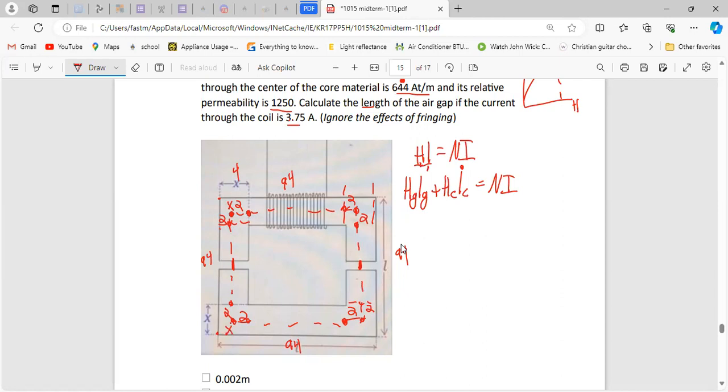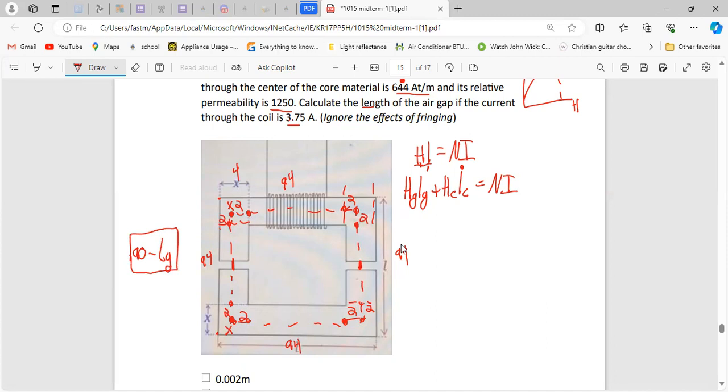So basically from here to here is 90, after subtracting the 2 from the ends. And then you have an air gap. So the piece itself will just be 90 minus, we could just say Lg for short. So that is the piece with the air gap.